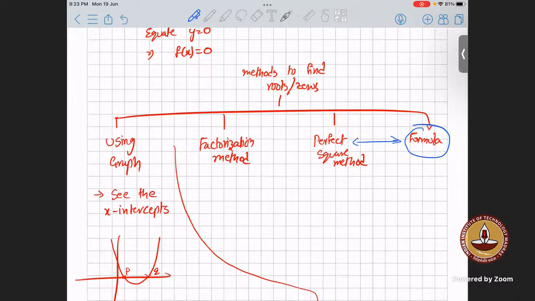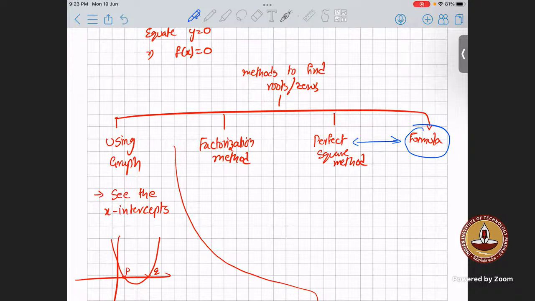There is a close relation between the perfect square method and the formula method. The derivation of the formula to find the roots is based upon the perfect square method.